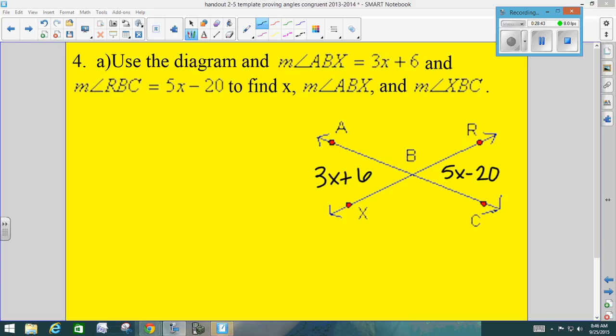Gabe, what kind of angles are these that we have labeled then? Like supplementary, complementary, vertical, adjacent, any of those? Yeah, they're going to be congruent, but why? What type of angles are they? Are they supplementary, complementary, or vertical?